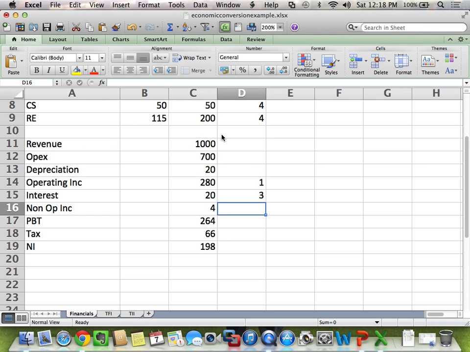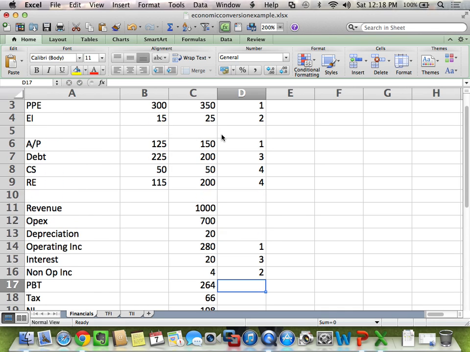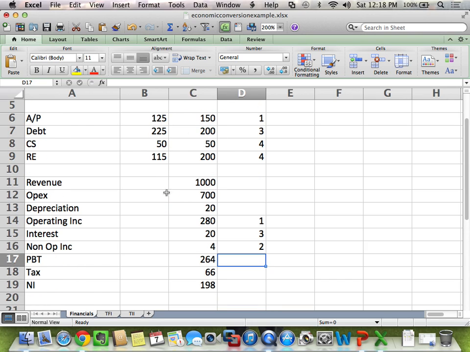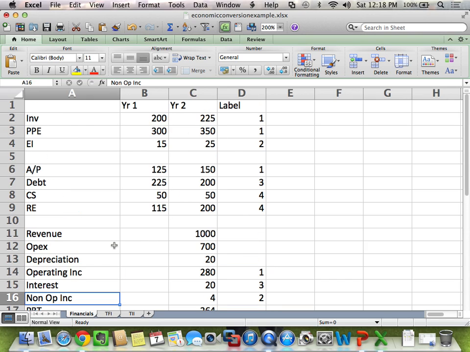What is non-operating income? You ever earned interest income? That's a 2. So is it operating or not? 1 or 2? 2. In this case, since the simple balance sheet didn't have any cash, where did this non-operating income come from on the balance sheet? It came from the equity investments.